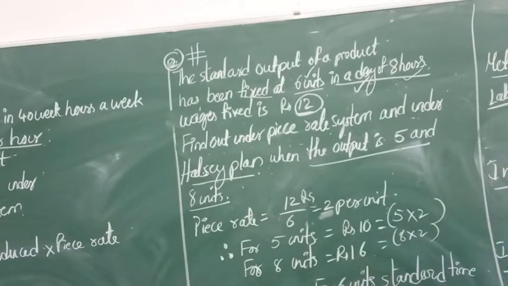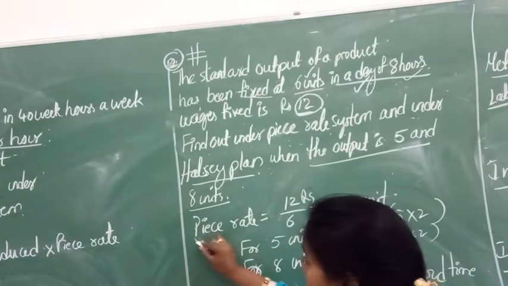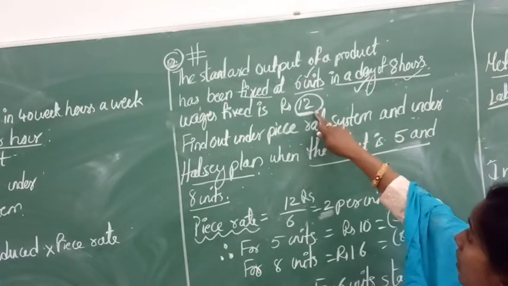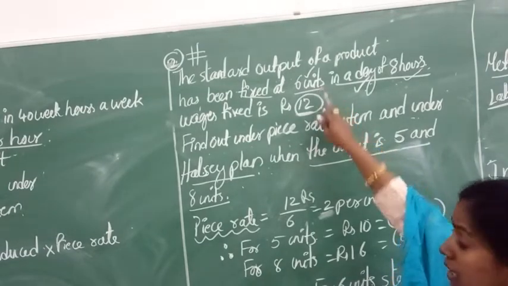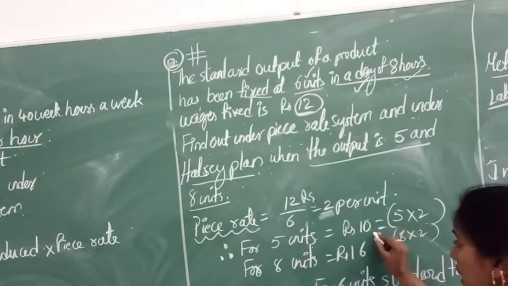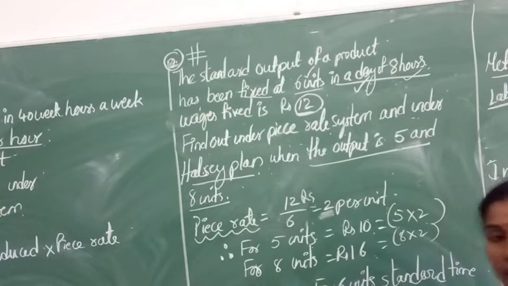That is according to the piece rate system. Here he did not give the rate per unit, so we calculated the rate per unit. 12 rupees divided by 6 units gives 2 rupees per unit. 5 into 2 is 10 rupees. 8 into 2 is 16 rupees.